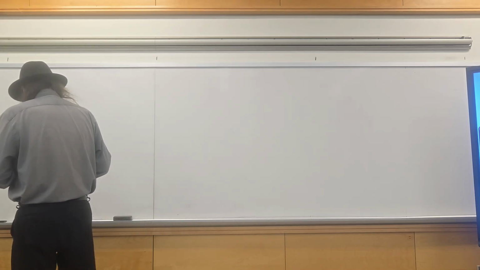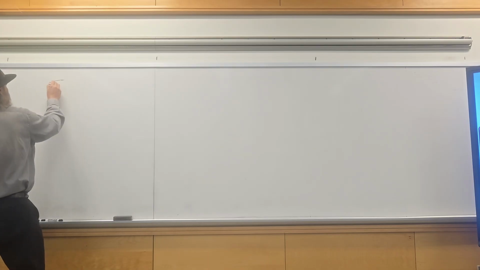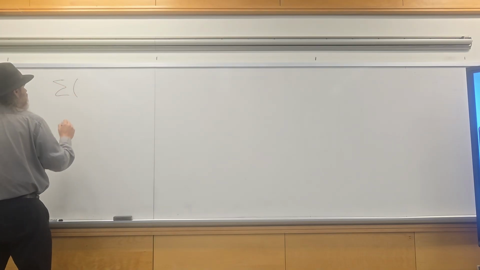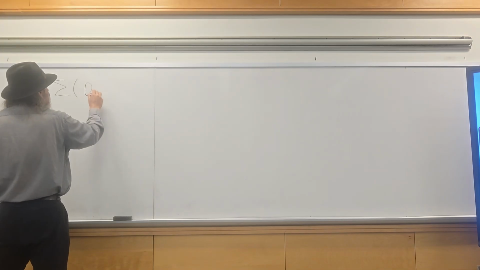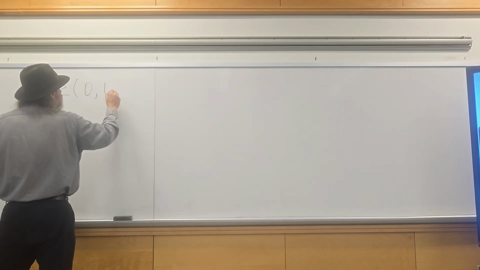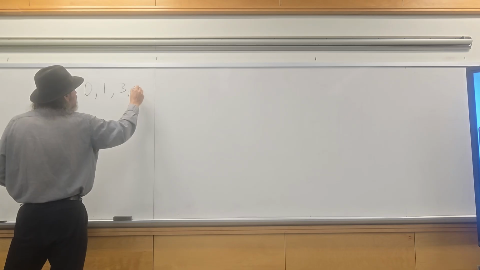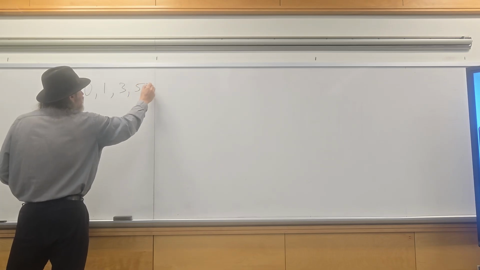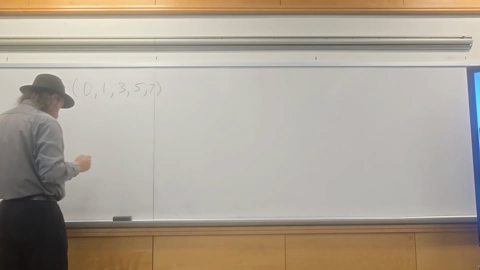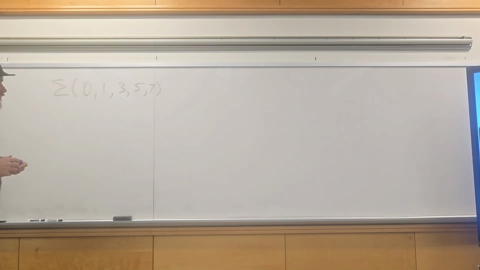Let's see here. Do a sum of 0, 1, 3, 5, 7. Now, from this, what can you tell about the function? How many variables does it have?